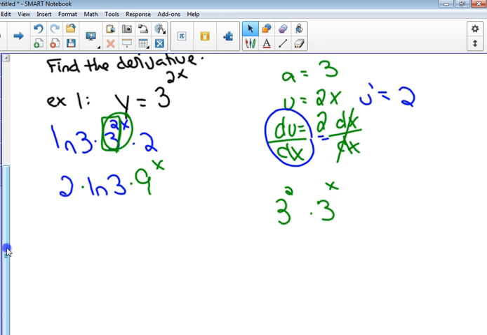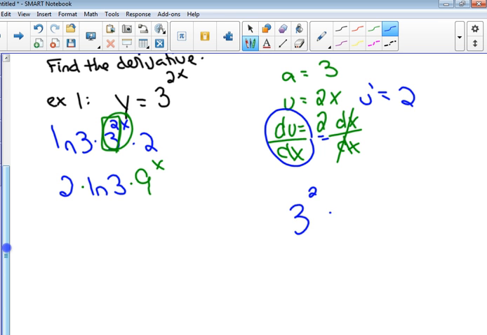Where's the extra 3 though? Say if x is 4, so it'd be 3 to the 8. But then if you do 9 to the 4, you should get the same answer. So it doesn't matter.